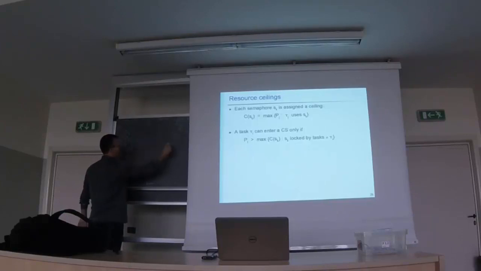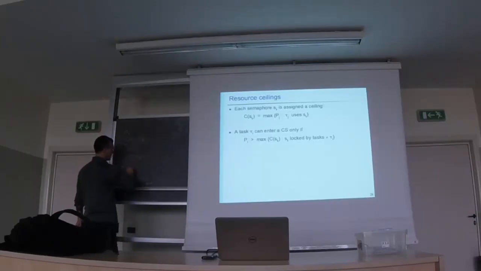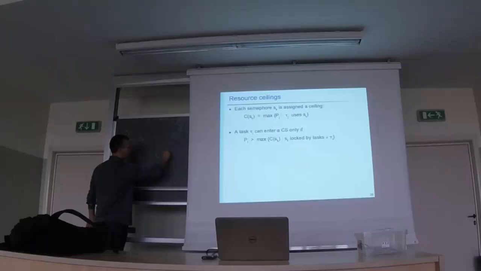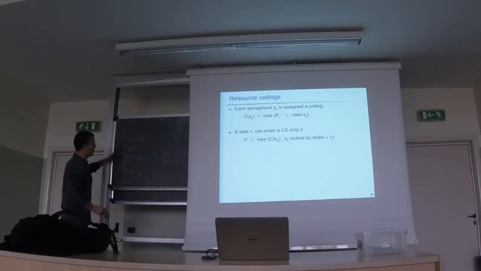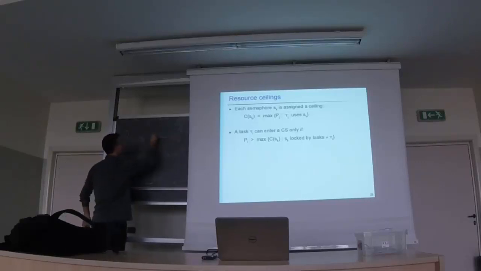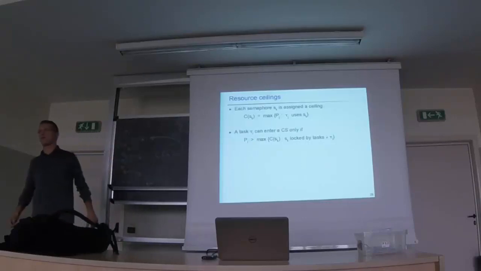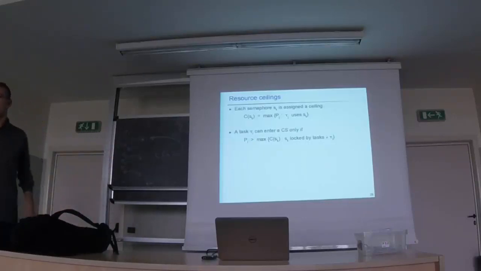And all of them access different resources, but tau 2 may access SA, tau 4 may access SA, tau 5, 6 may access SA. Then the ceiling of semaphore A is given by the highest priority among the tasks that access it. So the ceiling is here, okay? Because the highest priority task that may access that semaphore is tau 2, okay?